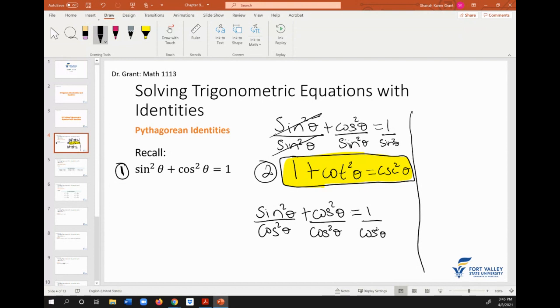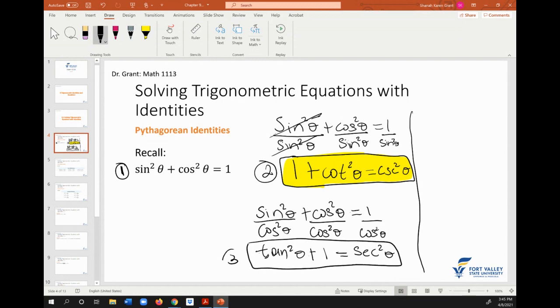Sine divided by cosine is tan, so this is going to be tan squared theta plus cosine squared divided by itself, which is 1. And 1 divided by cosine squared theta is secant squared theta. And this is going to be your third Pythagorean identity.